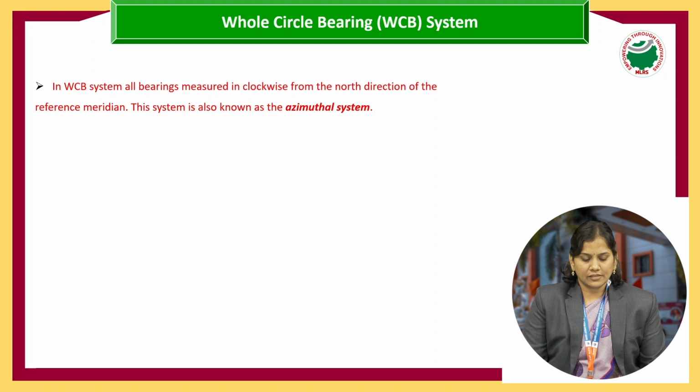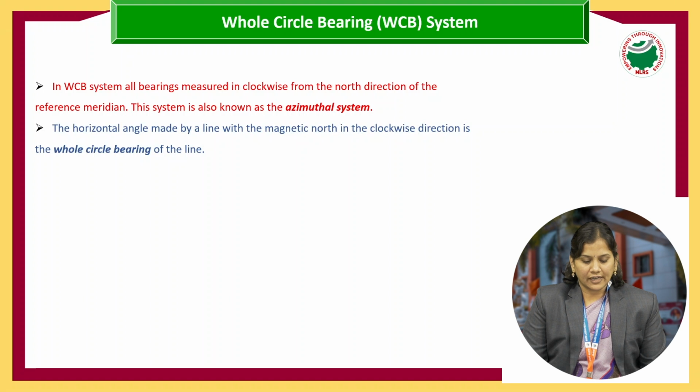In whole circle bearing system, all bearings are measured clockwise from the north direction of the reference meridian. This system is also known as azimuthal system. The horizontal angle made by a line with the magnetic north in clockwise direction is the whole circle bearing of the line.